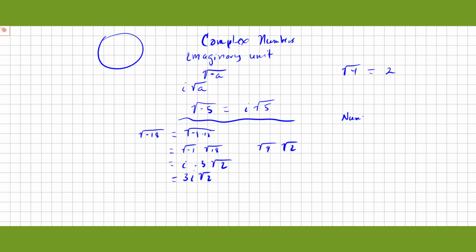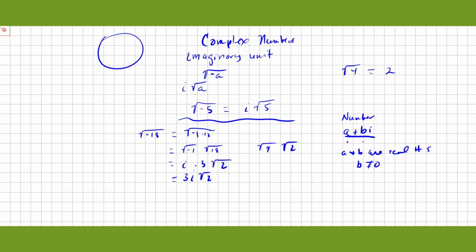So the imaginary number, this was the unit, right? So the imaginary number is any number in this form, a plus bi, where a and b are real numbers and b is not equal to 0, right?